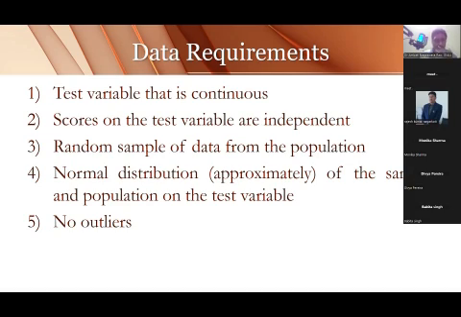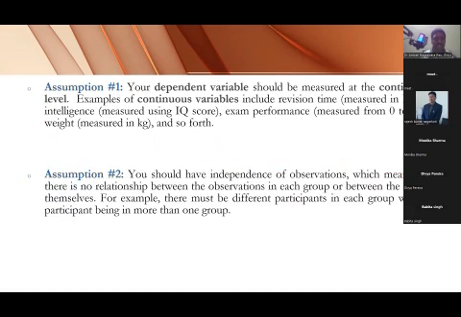If you are able to ensure that your data is distributed normally, you will go ahead with a parametric test. In case you're not able to fulfill this assumption, you'll go with a non-parametric test. Lastly, no outliers. There should not be any outliers in the data set. So these are the basic requirements for conducting a one sample t-test.